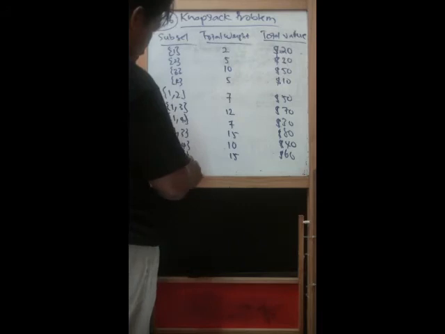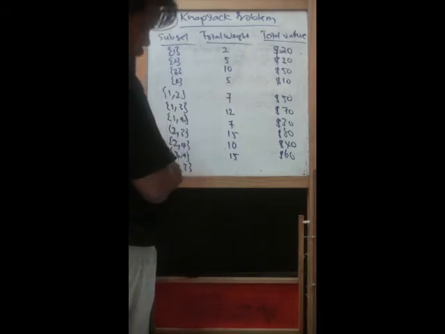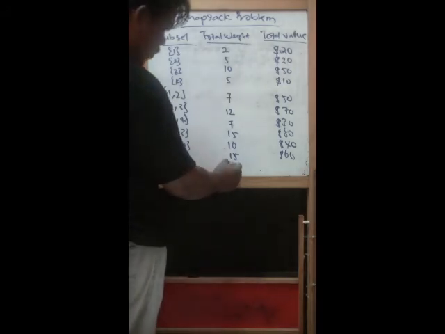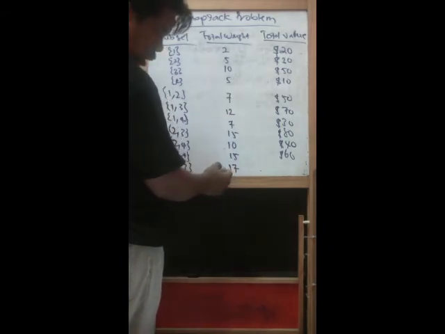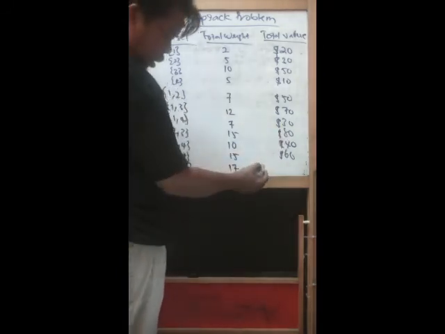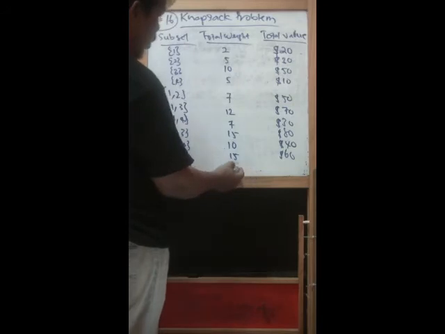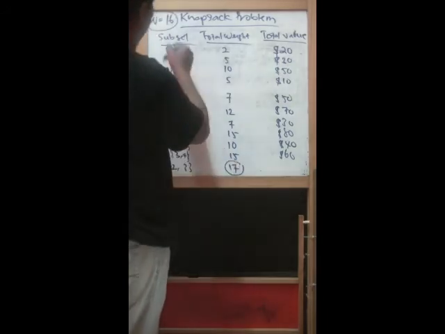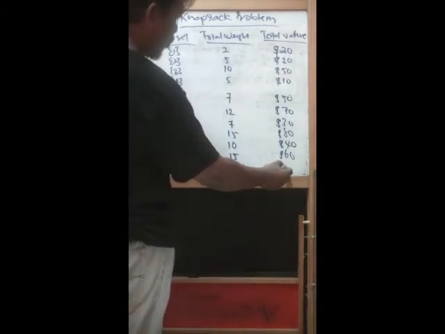Okay, and next, maybe we increase to 3 items here. 1, 2, 3. The total weight is 17, and 17 exceeds our limit here, so it is not feasible.